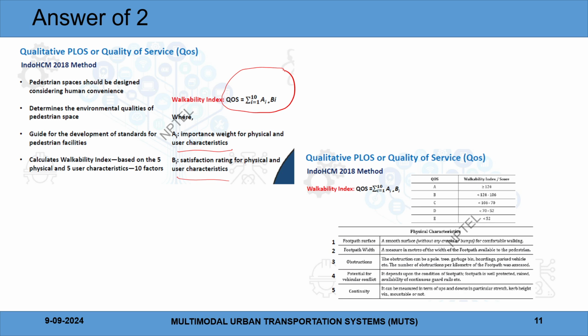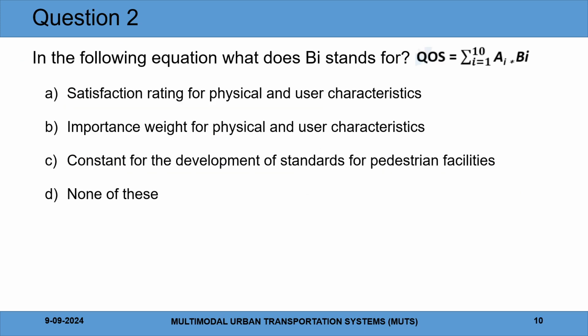So AI is the importance, that is how important a particular facility is, and BI is the satisfaction, that is how much satisfaction a person is getting from a particular facility. So here they are asking for BI, the satisfaction rating for physical and user characteristics. Option A will be the correct answer here.